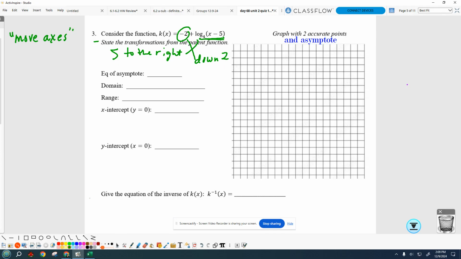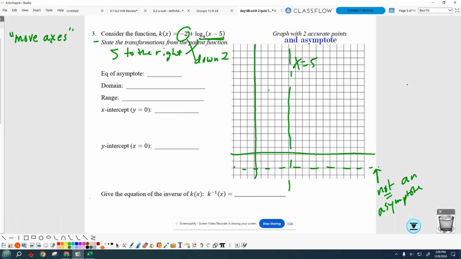So to graph this, I'm going to move the axes. So I need to put the real axes in. Gray says down 2. Is that an asymptote? No. And correctly stated, the other one is an asymptote.